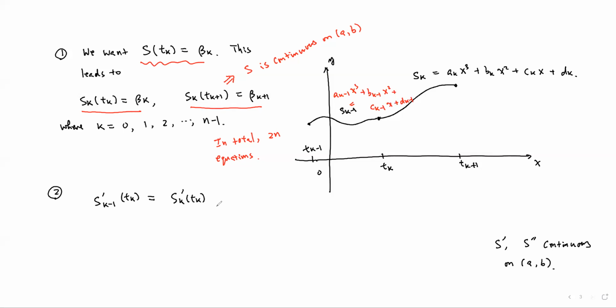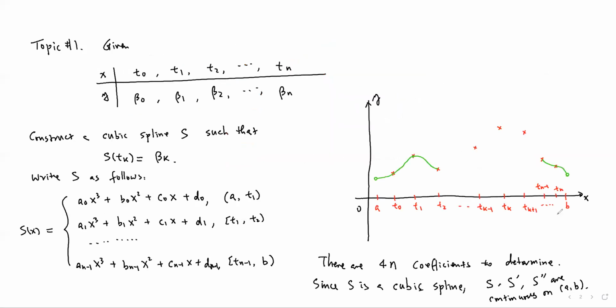What is k? k is from 1, not from 0, because when k is 0, this would be S_(-1), and the first interval corresponds to S_0. So k is 1, 2, up to n minus 1.